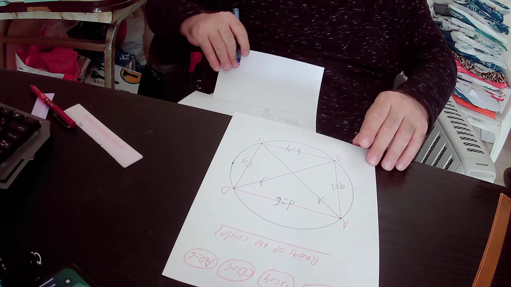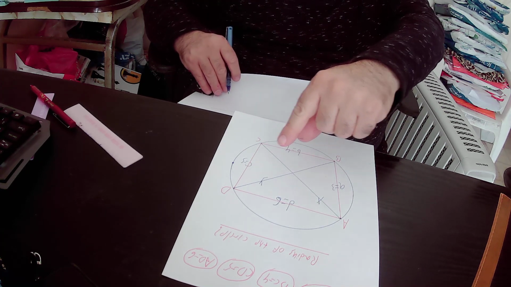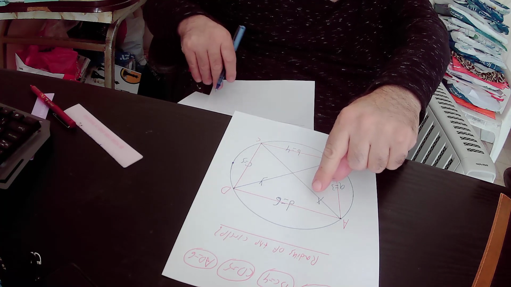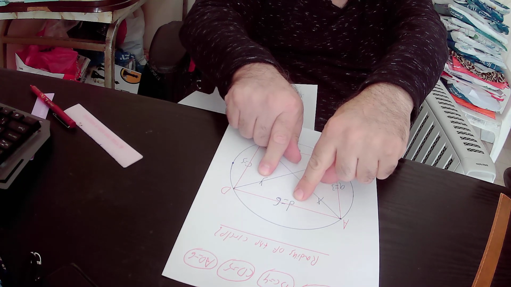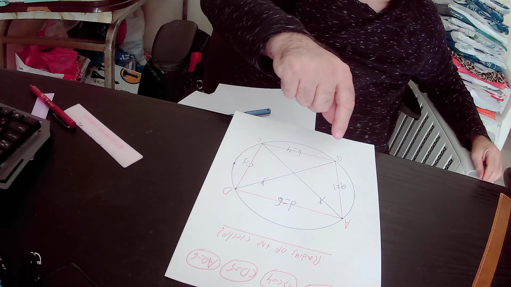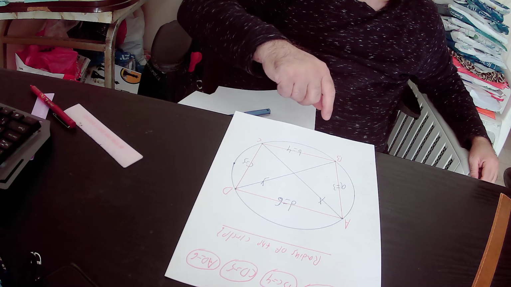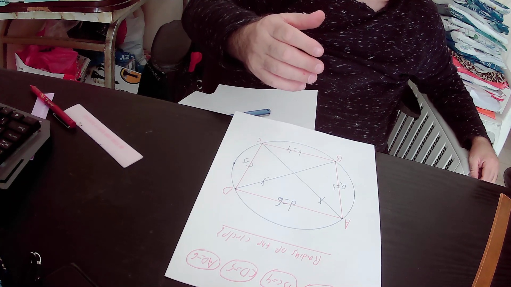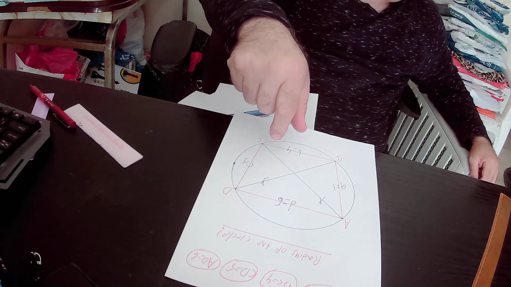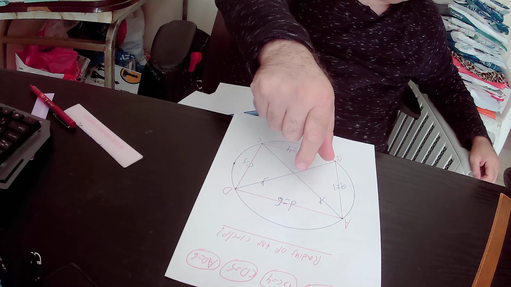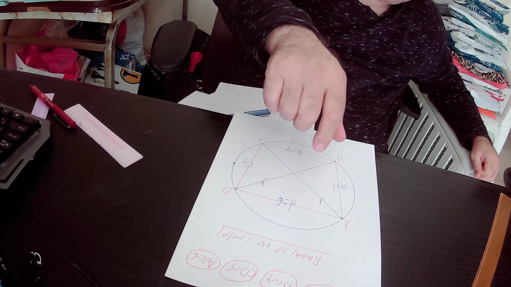But as you can see from the drawing, if you combine triangle BDC with triangle ABD, we will get quadrilateral ABCD. Therefore, the area of quadrilateral ABCD will be equal to the area of triangle BDC plus the area of triangle ABD, because quadrilateral ABCD consists of those two triangles.